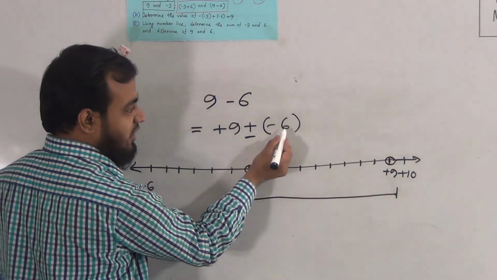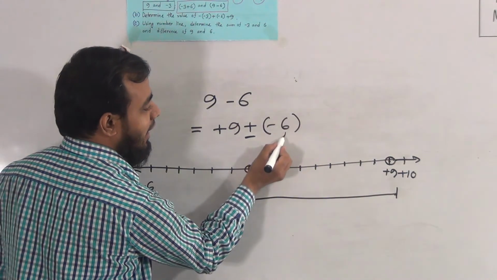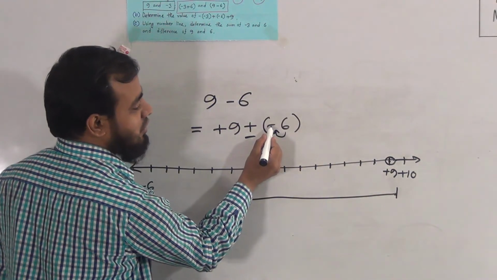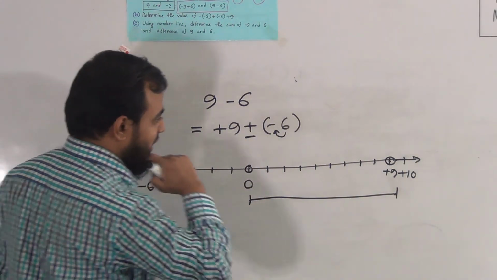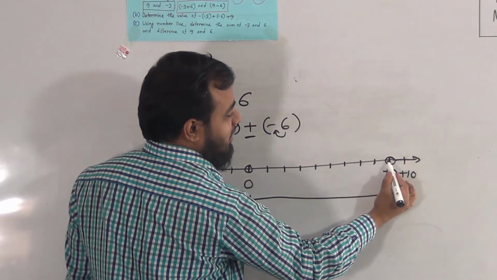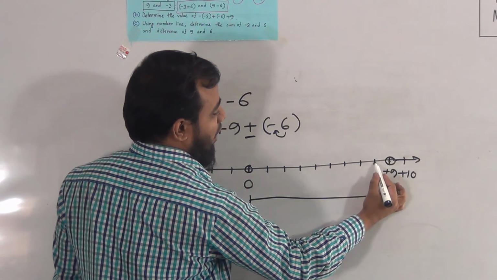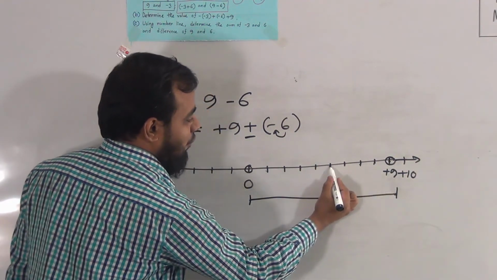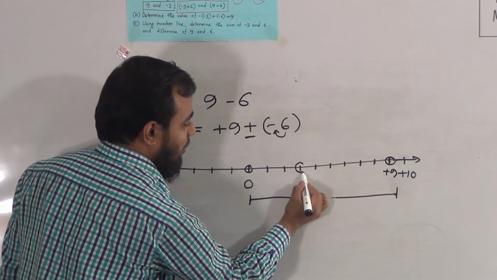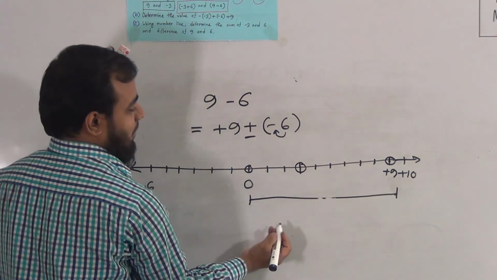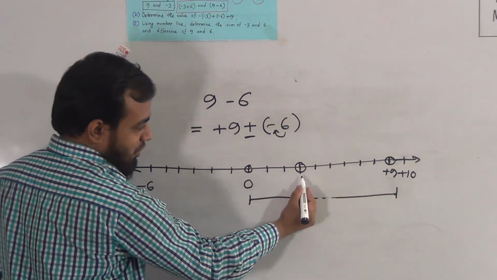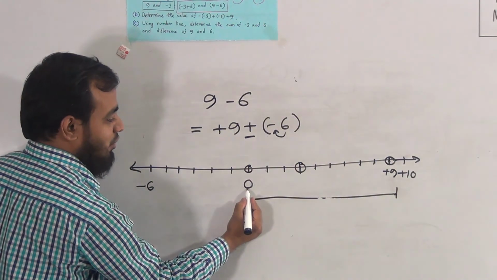When we add minus 6 we should go 6 steps left side, because 6 has a minus sign in front. Left side from the initial point plus 9, 6 steps: 1, 2, 3, 4, 5, 6. This is our final destination, and this point is situated on the right side of the initial point 0.